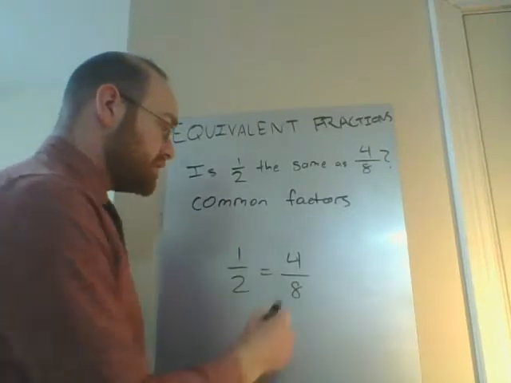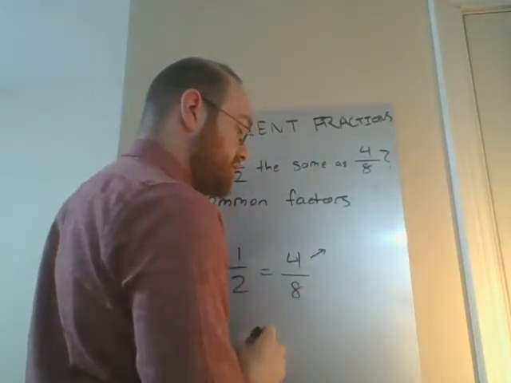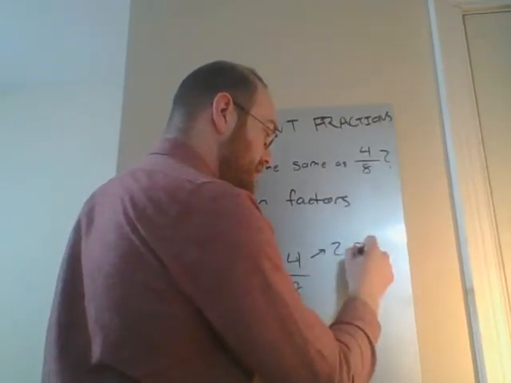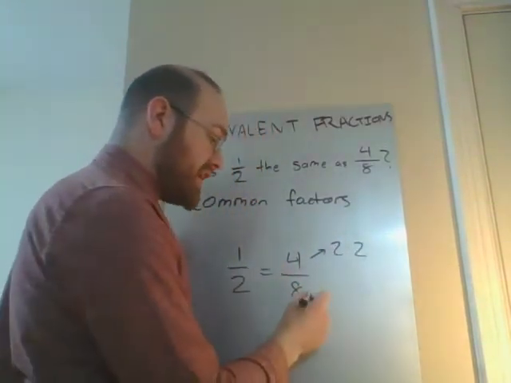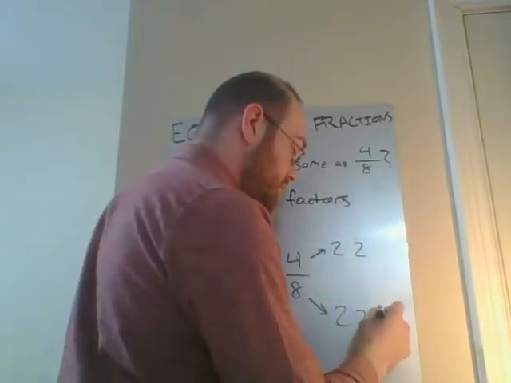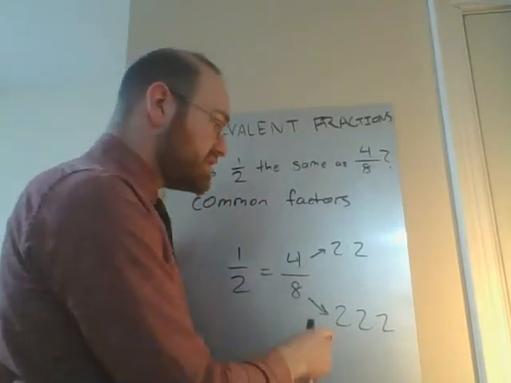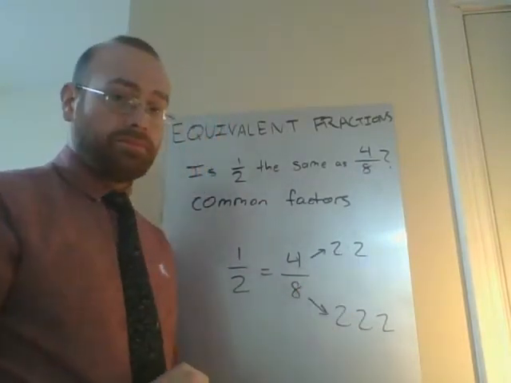And notice that the factors of 4 is 2 times 2, and the factors of 8 are 2 times 2 times 2. And so we have some of these numbers repeated.